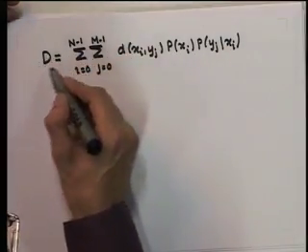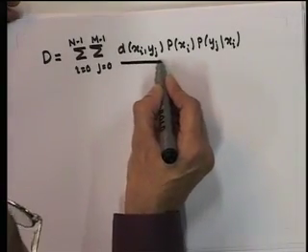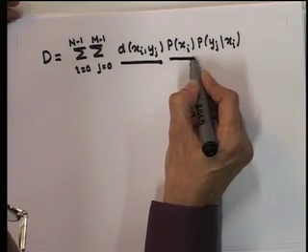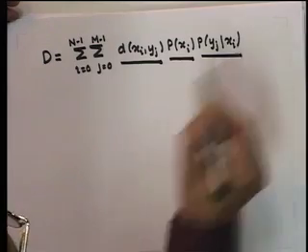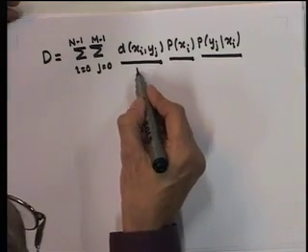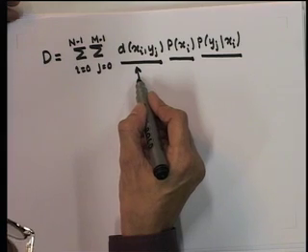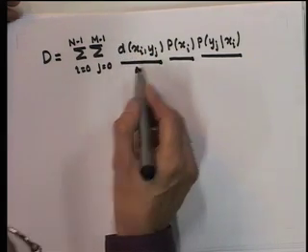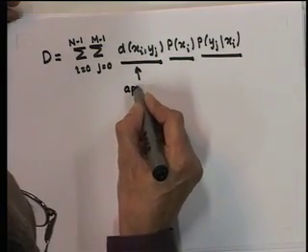Now, each term in this summation consists of three factors: the distortion measure, the source density, and the conditional probability. The distortion measure is a measure of closeness of the original and reconstructed versions of the signal and is generally determined by the particular application.